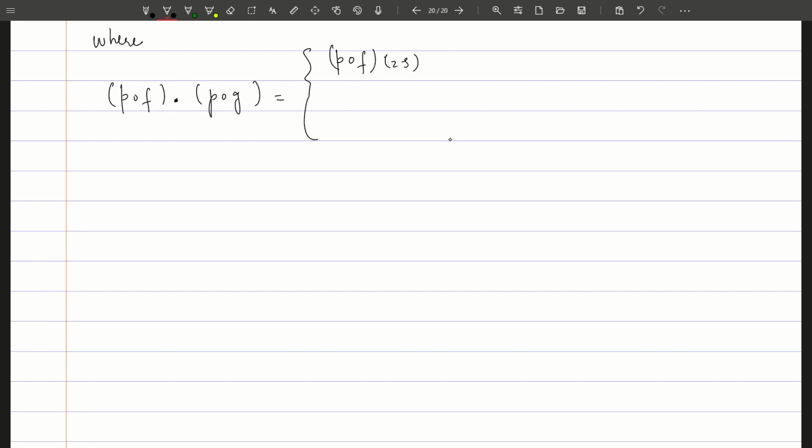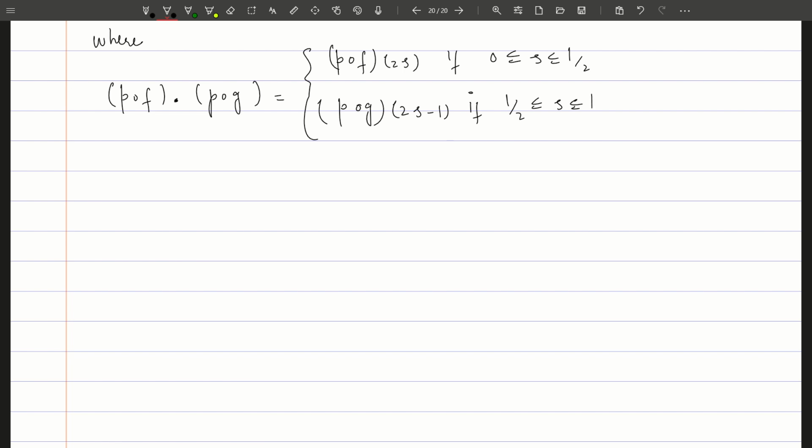So first we will travel p of f in the interval 0 to half at twice the speed, and then we travel the path p of g in the next half interval, again at 2 times the speed.